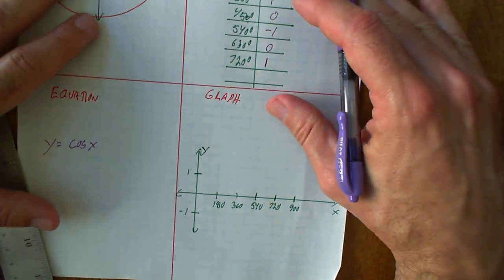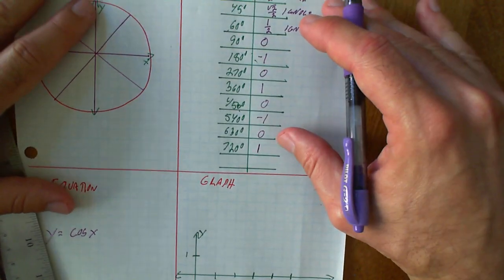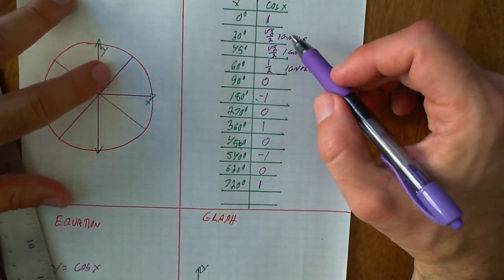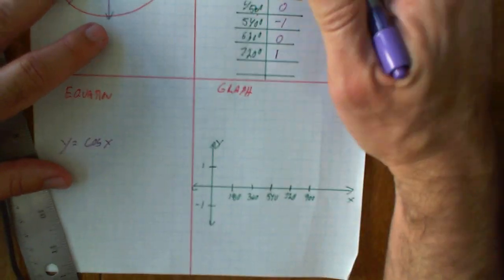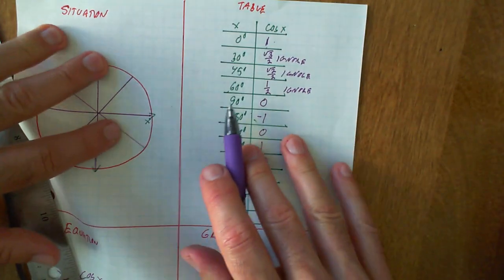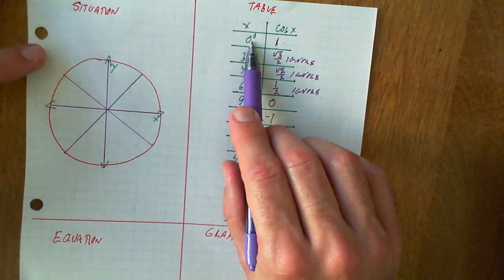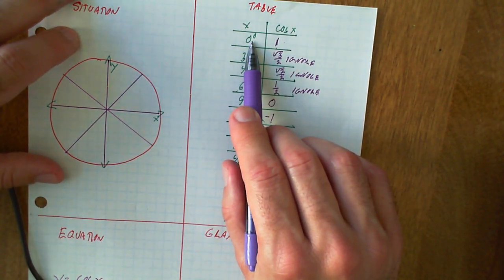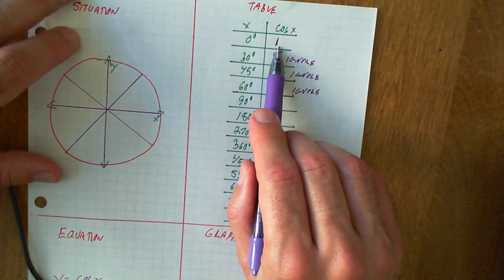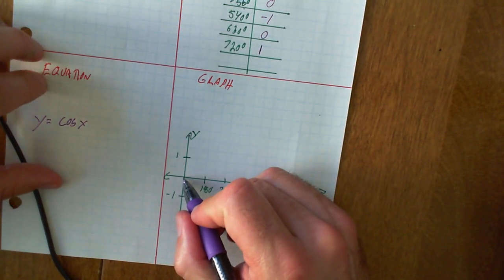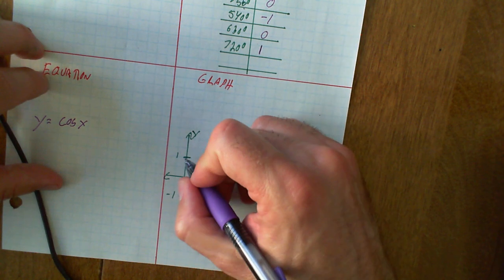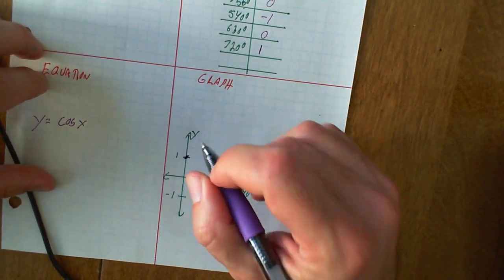This is cosine of x. What is cosine of 0 degrees? Well, it is 1. So when x equals 0, cosine of x, or my y, equals 1.